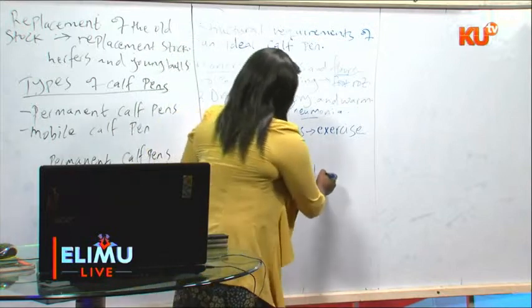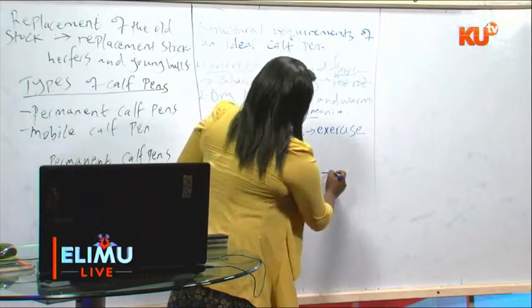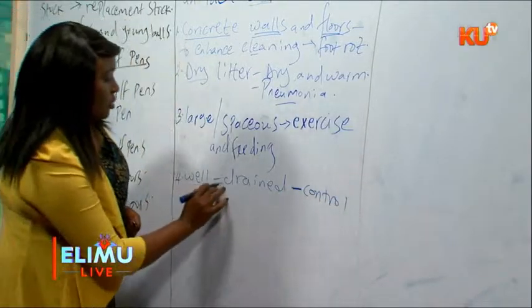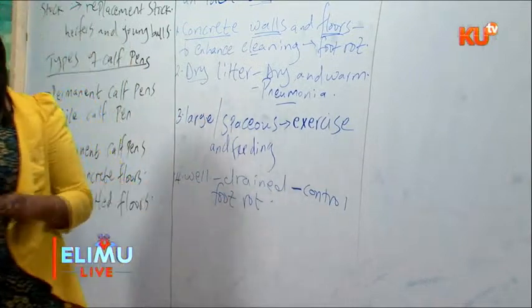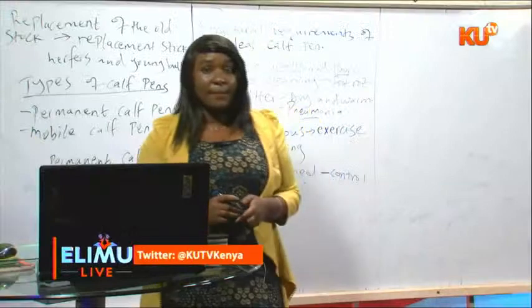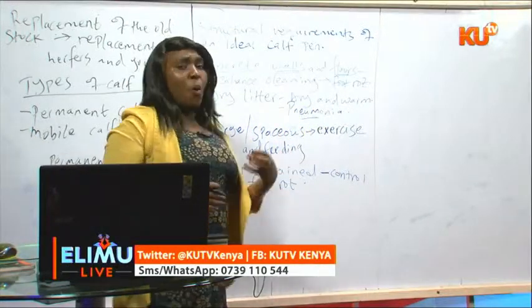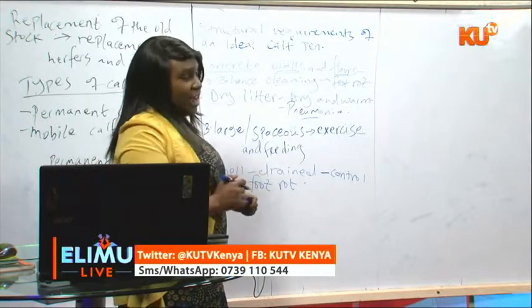And of course, we are looking for a dry or drained area to control, again, foot rot. Foot rot is a disease that is caused by bacterial infection. That bacterial infection can be brought about by wet and damp conditions that you don't want to have in our calf pen.